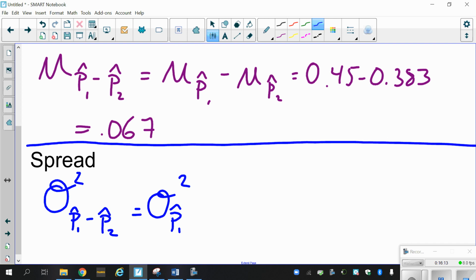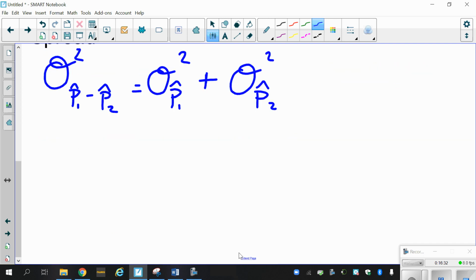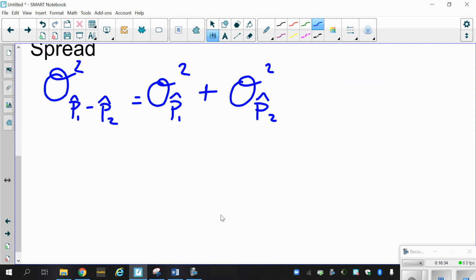When you subtract two random variables, you add the variances. Variability is going to increase. There are many more different possibilities.